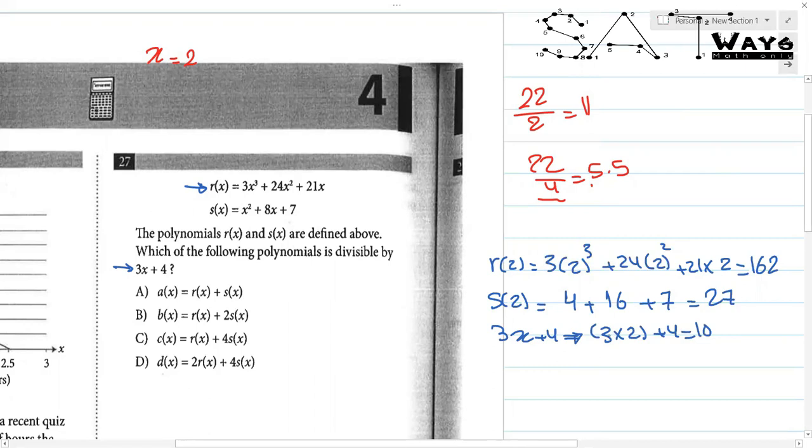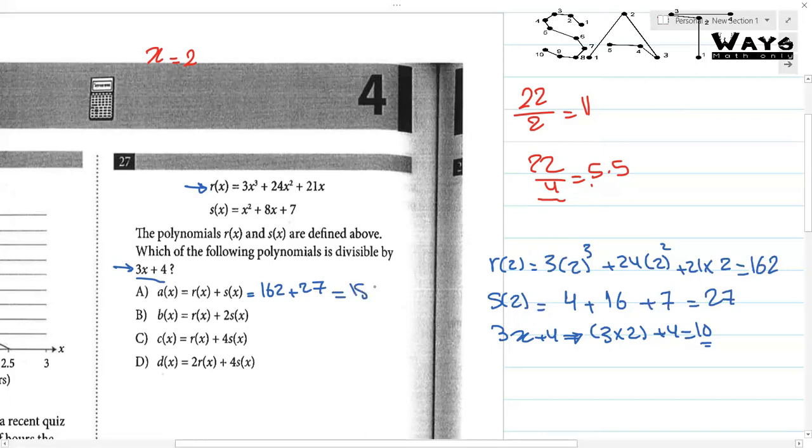All right, now we need one of those functions to be divisible by 10, to be divisible by 3x plus 4. To be divisible by 10, the last digit should be 0. So let's check. R of x plus S of x, which is 162 plus 27, equals 189.